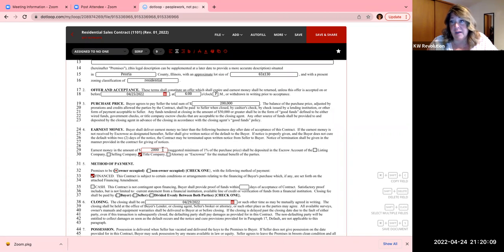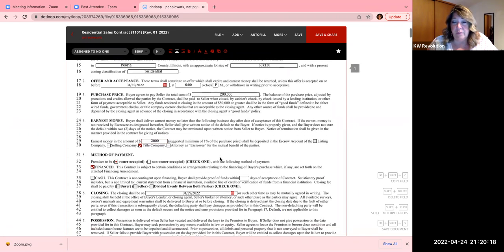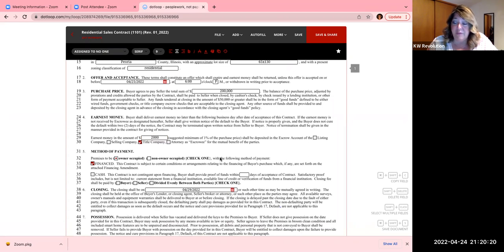They're going to have to get an attorney if the seller says they will not agree to return it. So it is risky. I don't want to see anyone going crazy and putting $20,000 of earnest money down, because more than likely it'll be fine. But the day that it's not, it's going to be a problem.